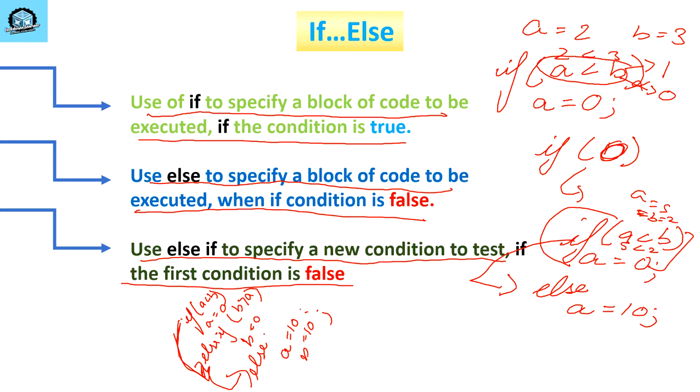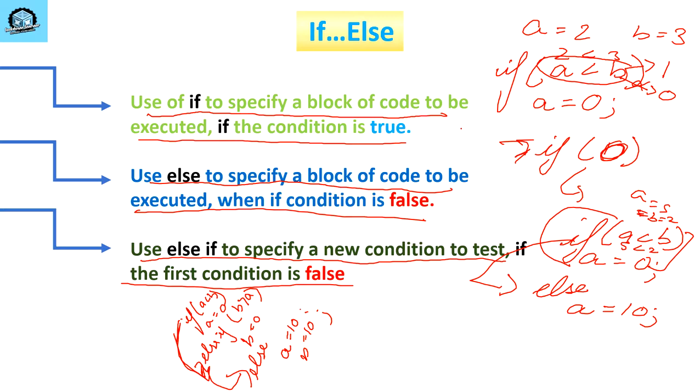Suppose you have two conditions, pass or fail. Suppose someone asks if you passed or failed, and you say I have a grade less than 40, so I am not pass. It directly means if you are not passed, then you are fail. It does not have anything else like being in the middle or any other situation, so it directly goes inside the else part.